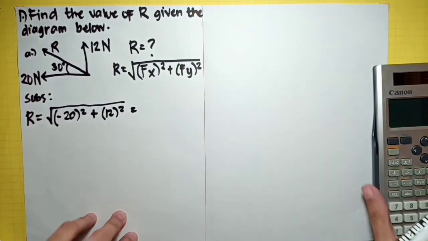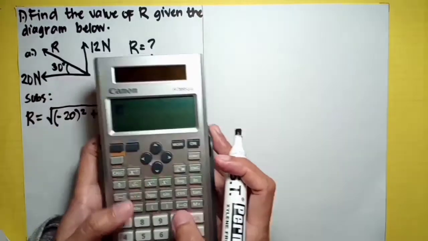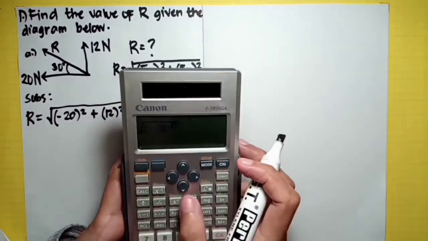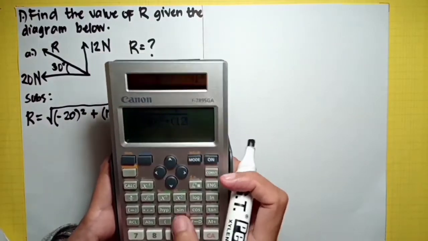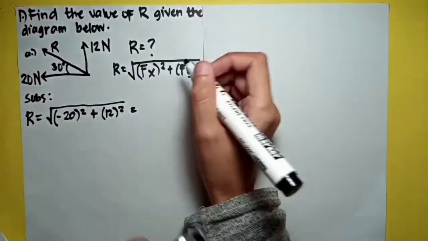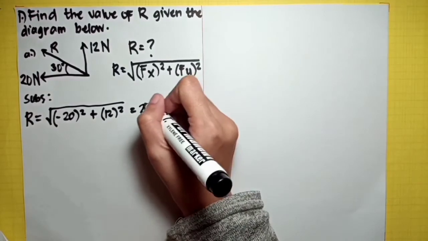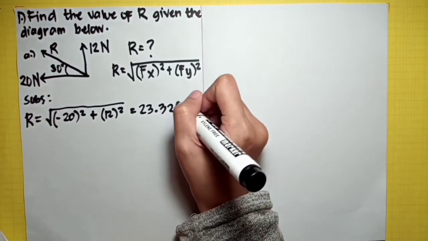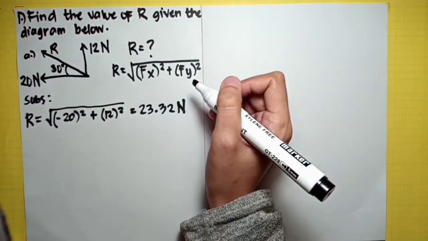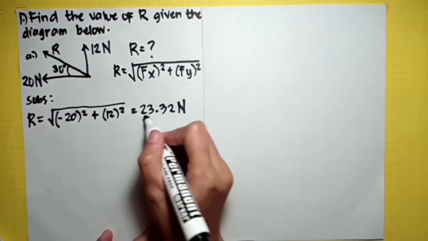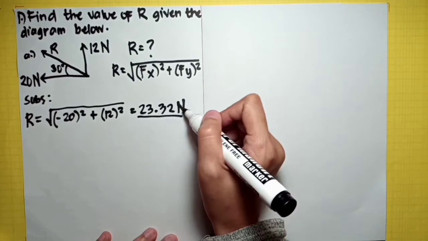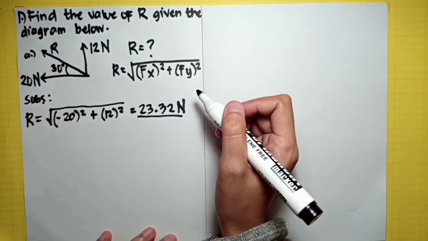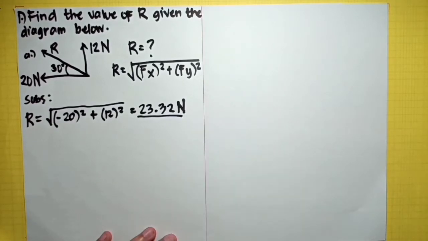So, ang magiging value ng R ngayon ay 23.32 N. So, gagamit lang tayo ng 2 decimal places. So, ito na ngayon ang value ng R. Newton ang tawag sa N, which is an SI unit.